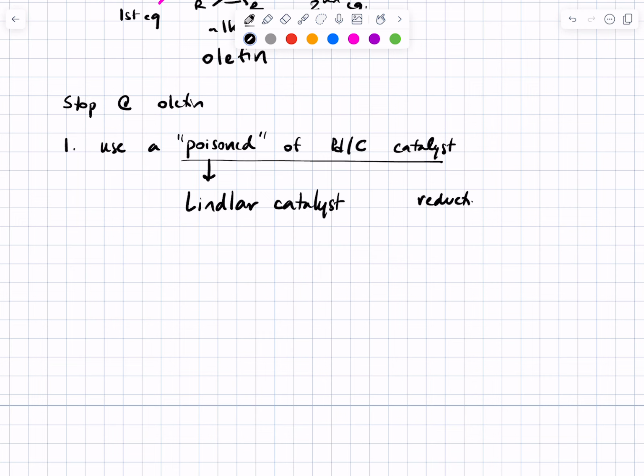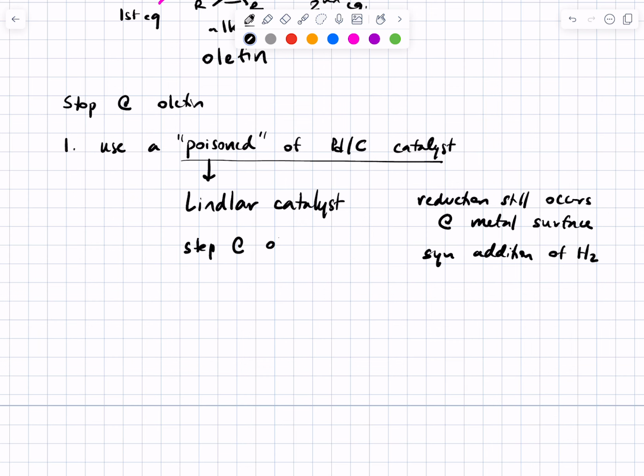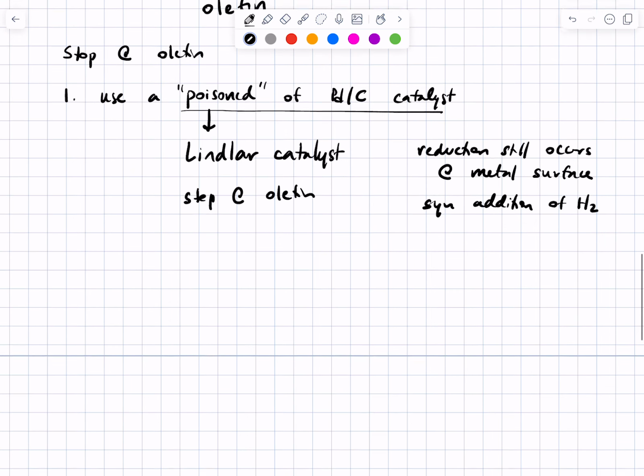The reduction still happens at a metal surface. You still get syn addition of hydrogen, only you stop after the addition of the first equivalent, so you're able to stop at the olefin.